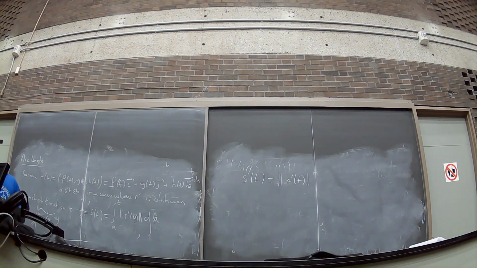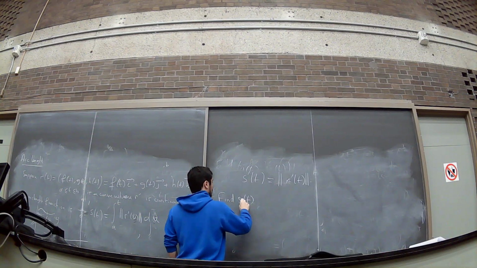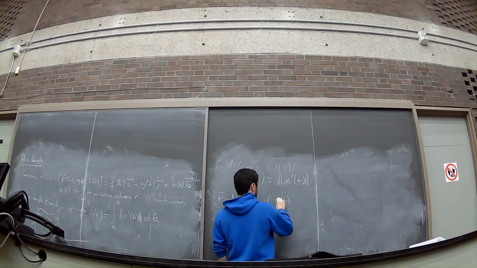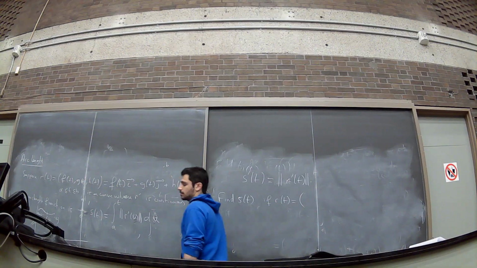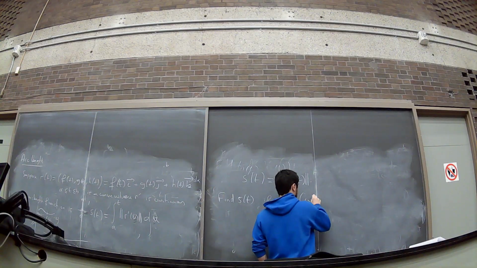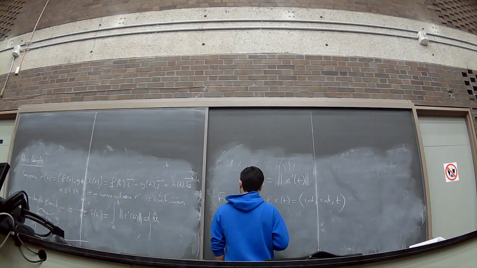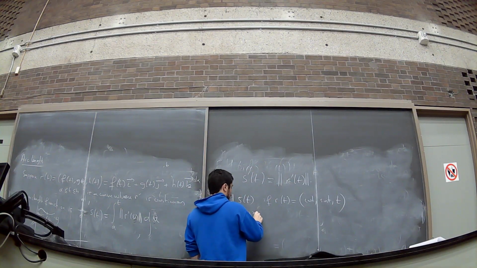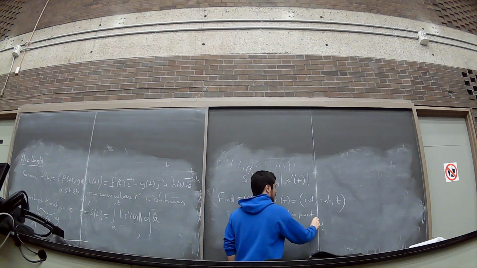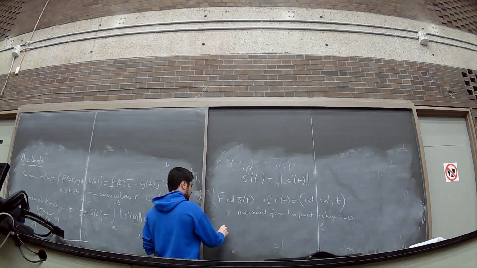Let's do an example. Find S of t as R of t equals sin t, and so on, measured from the point where t is equal to 0. So what is S of t in this case?